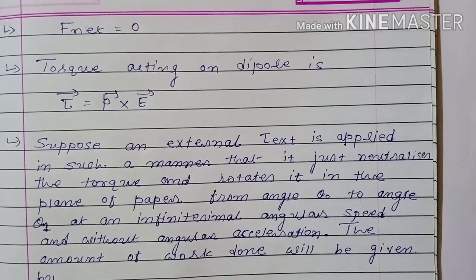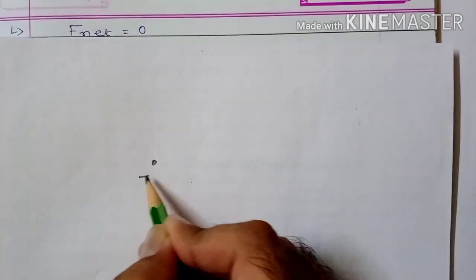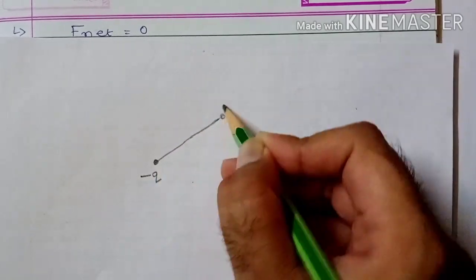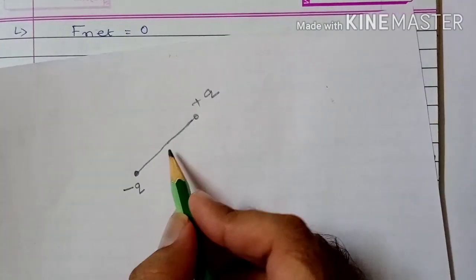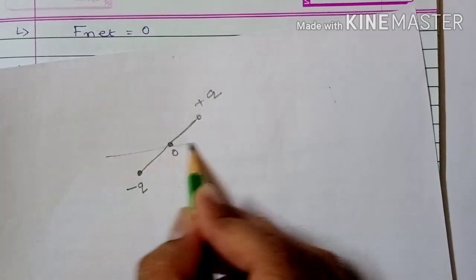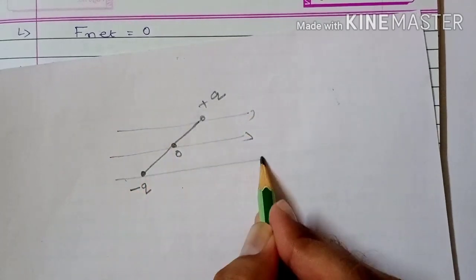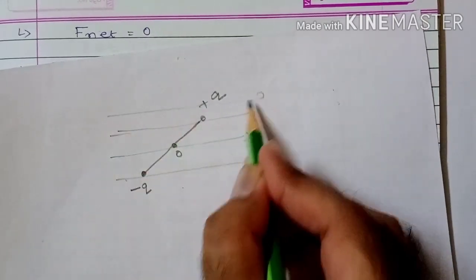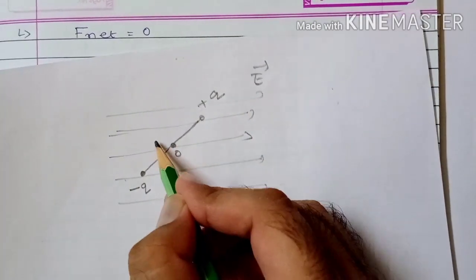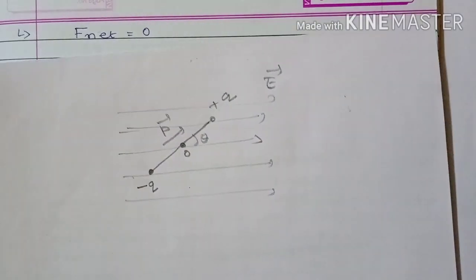Here if I consider this as minus q and this as plus q, this is the center of the dipole O. This is the direction of electric field. This dipole moment p vector makes an angle theta with the electric field.